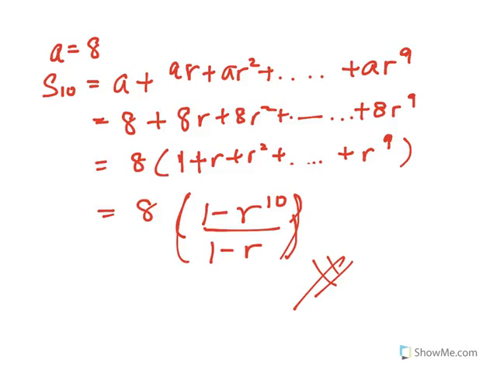Now we know that our terms look like this: A, AR, AR squared. So if we're going to talk about the reciprocals of these terms, our terms are 8, 8R, 8R squared, all the way to 8R to the power 9.